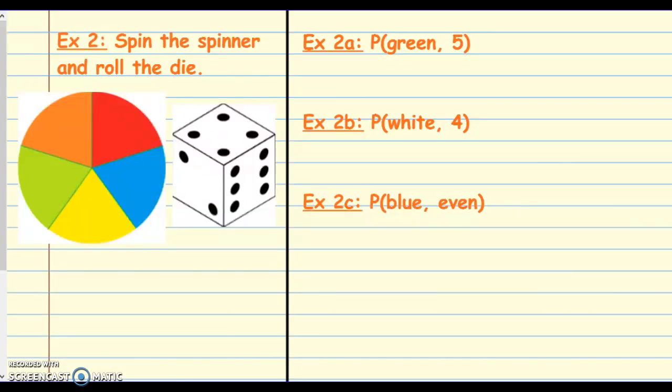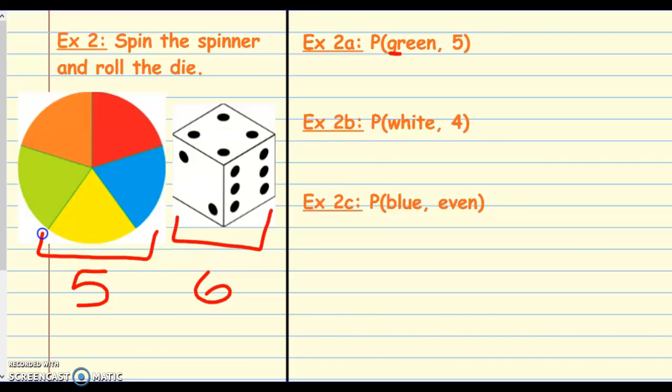Now, what happens if you have a simulation where you have 2 different things happening, where you spin a spinner and roll a die? Well, you can figure out those particular combinations based on the probability of each of these situations. Again, we need to keep in mind that there are 5 sections on our spinner, and there are 6 on the die.